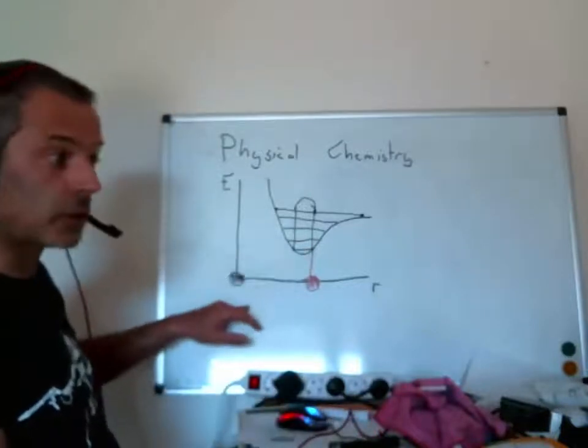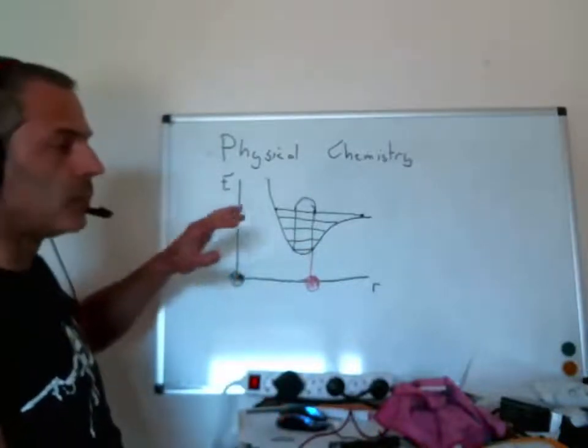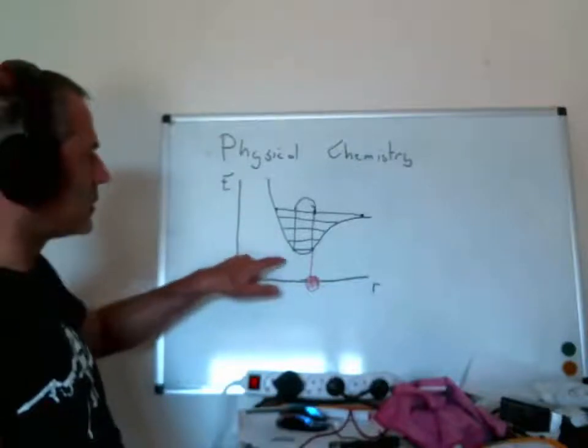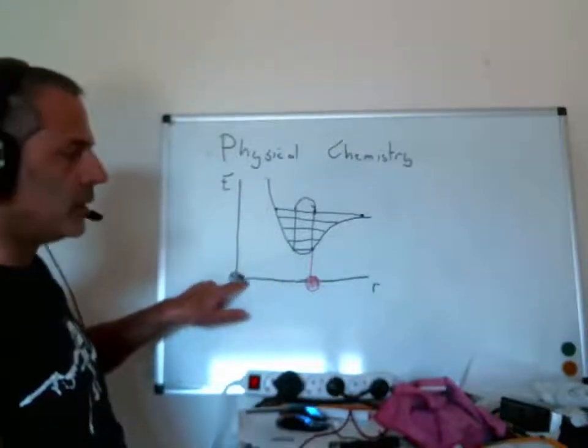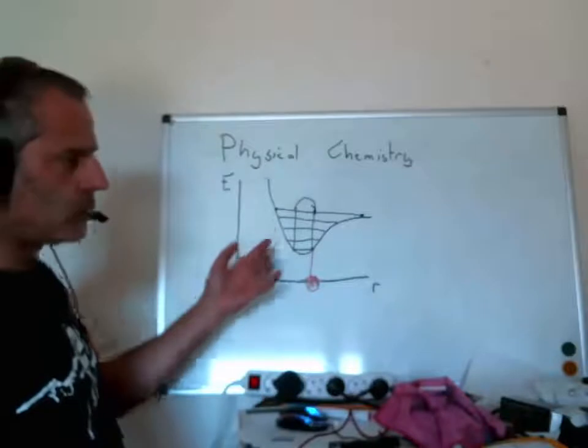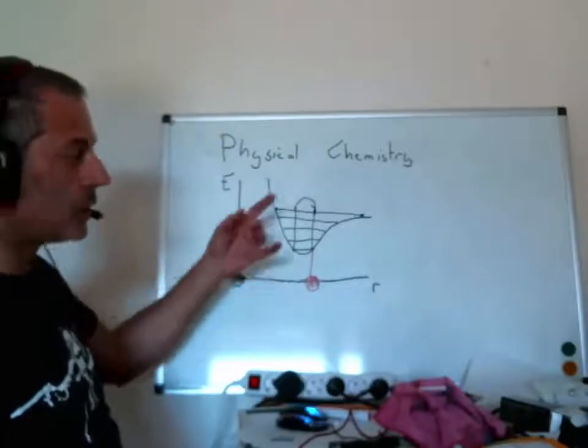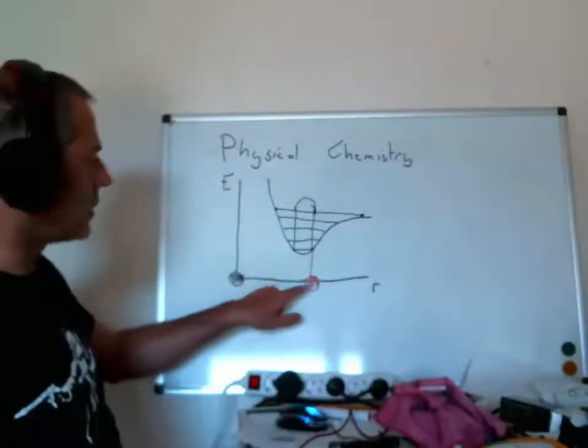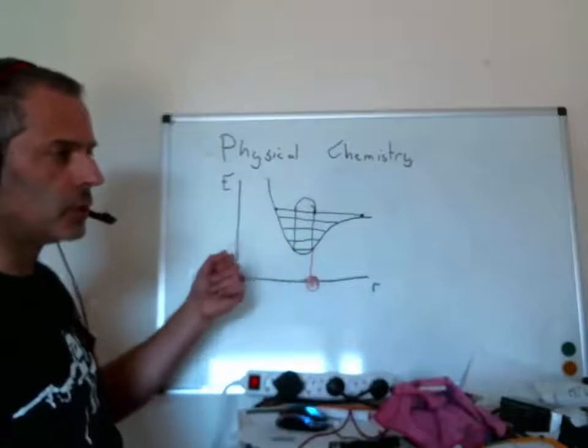This is known as the Franck-Condon principle, which basically states that the speed of a transition when the light comes in or when it goes out is so fast that the atoms can't move to adjust to it.